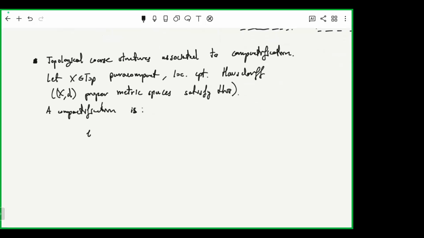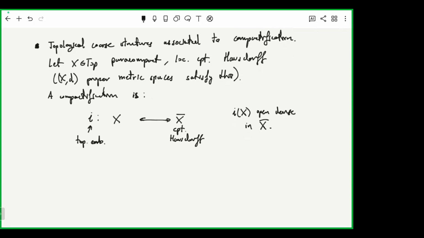So I have a map from X to some other space. I assume that this other space is compact Hausdorff, and this map has to be a topological embedding. So topological embedding here means that it is a homeomorphism onto the image. And finally, the image has to be open and dense in this other compact space.